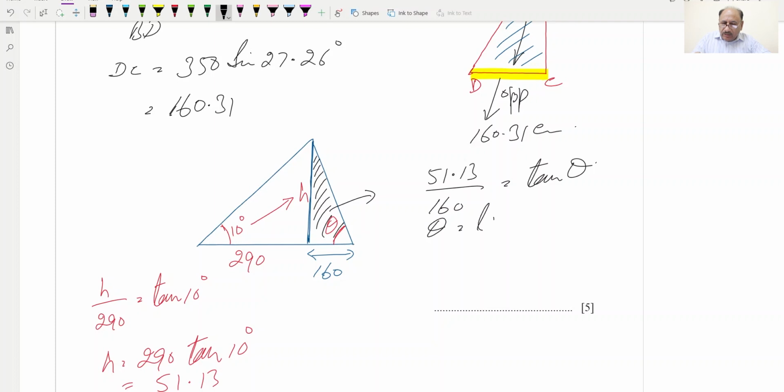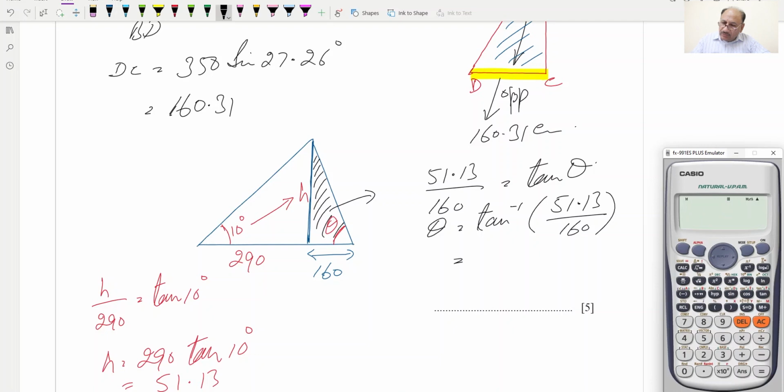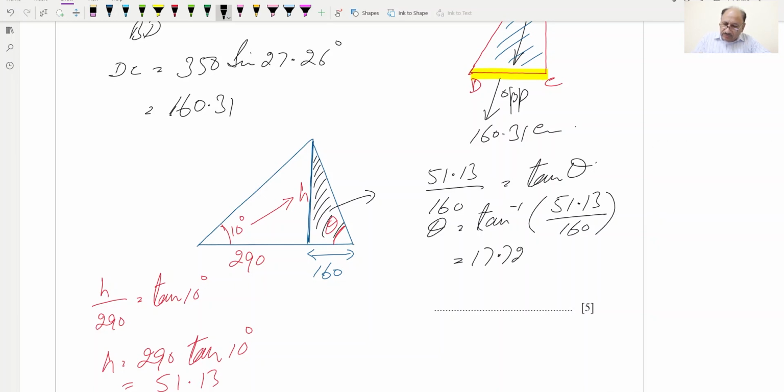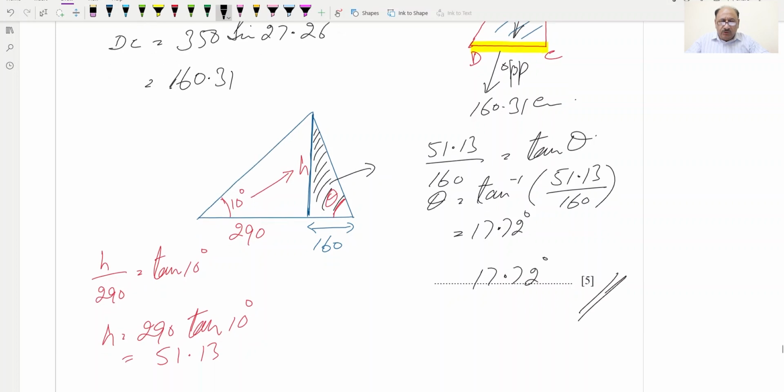So theta will be equal to tan inverse of 51.13 divided by 160, and this will be equal to shift tan of 51.13 over 160, which is 17.72 degrees. This is basically a 5-mark question which we are done.